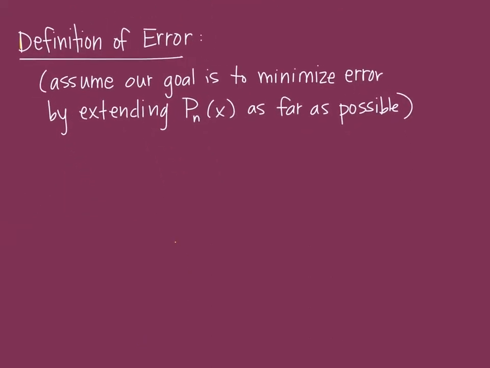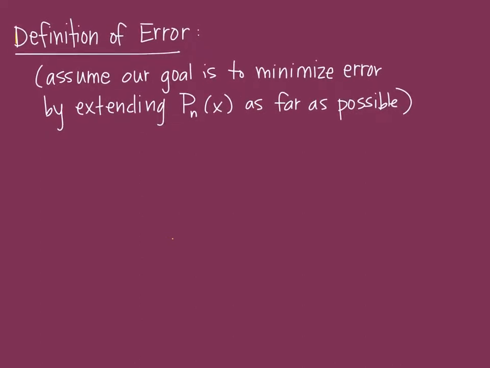But you've got to stop somewhere. So wherever you stop, that's order n. If we stop at, say, order 7, then we stop at 7.